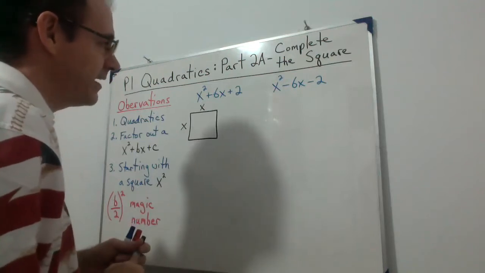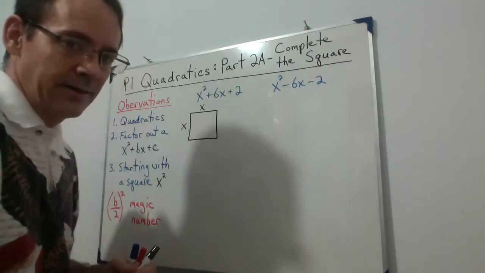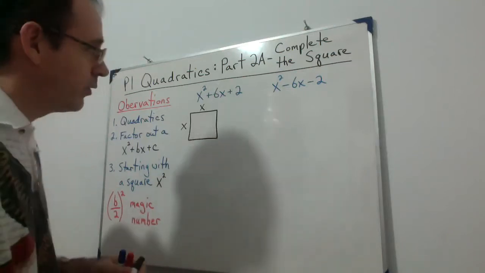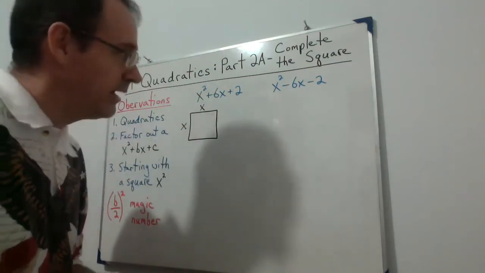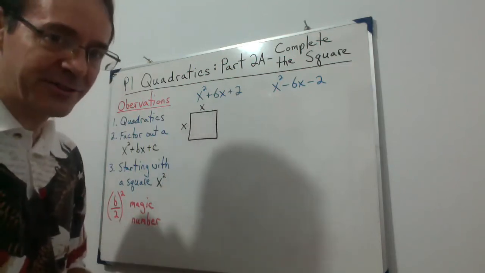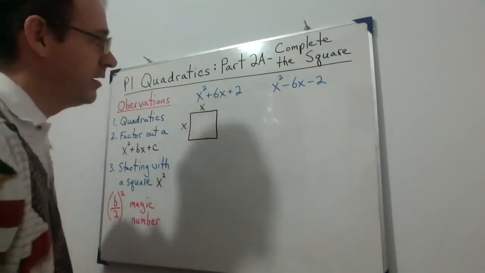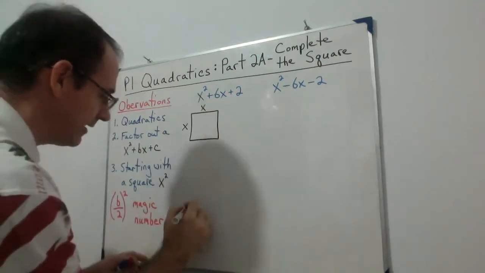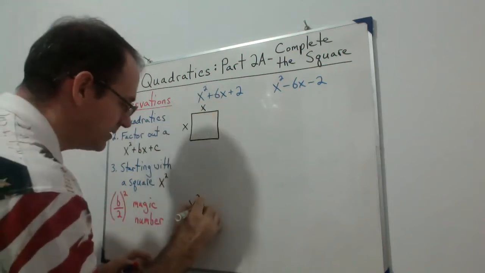Actually, the first thing that I should mention is this 2 does not work. What does it mean that the 2 does not work? Well, normally when you're working with a quadratic, you try to factor it. Well, this 2 does not factor to give us a 6. So the number doesn't work. So down here, I'm going to write it again, x squared plus 6x.